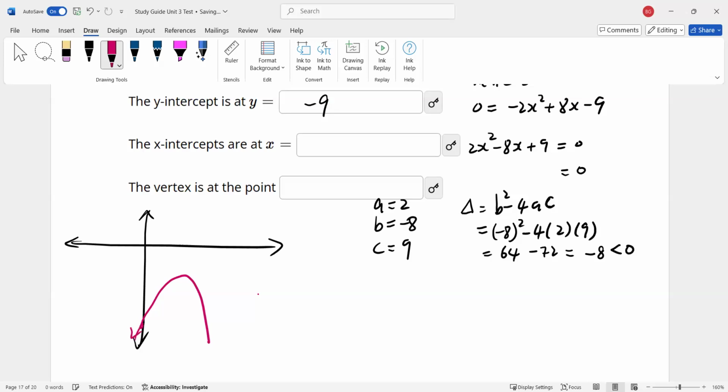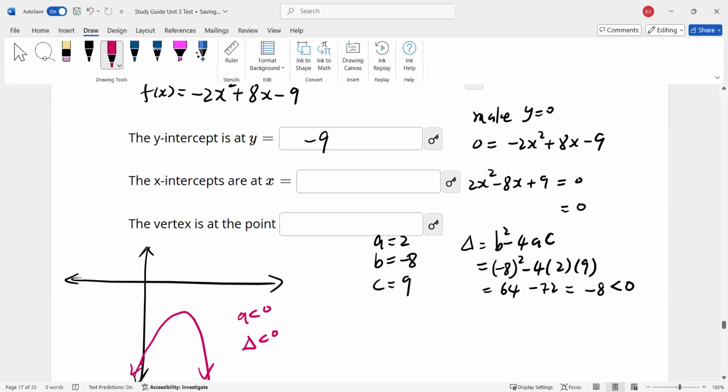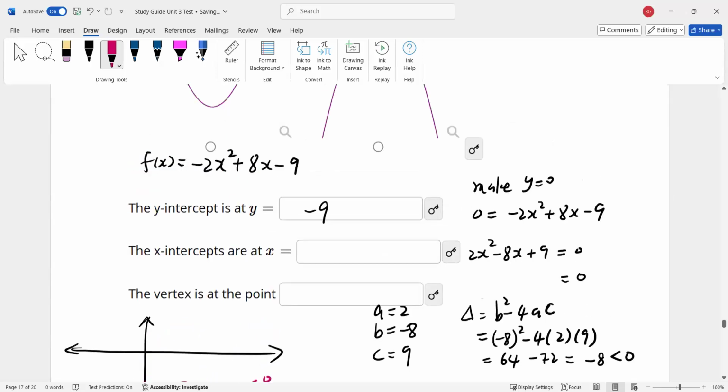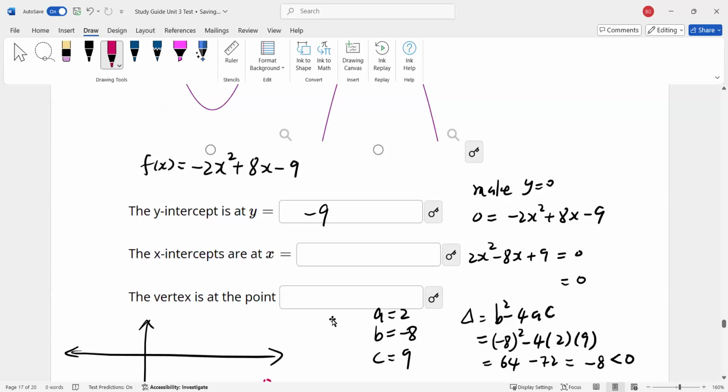It's like this, because the leading coefficient is less than 0, and also delta is less than 0. So the graph does not cross the x-axis. There are no x-intercepts.